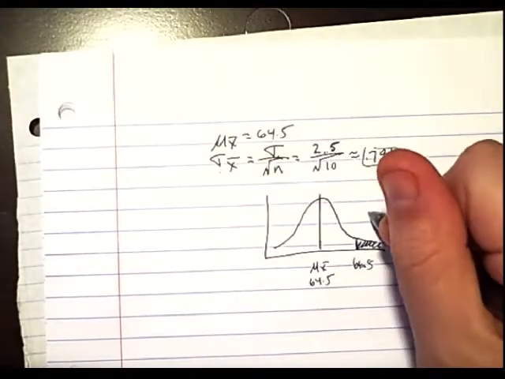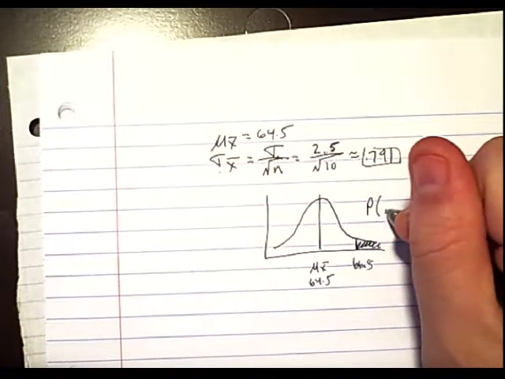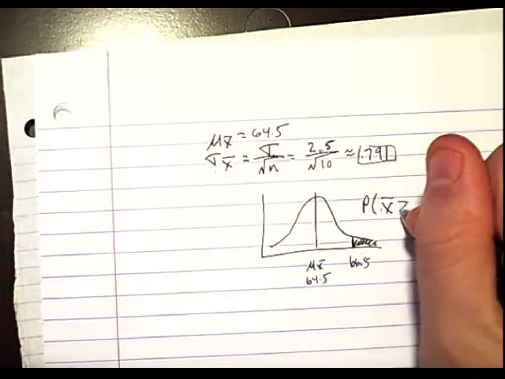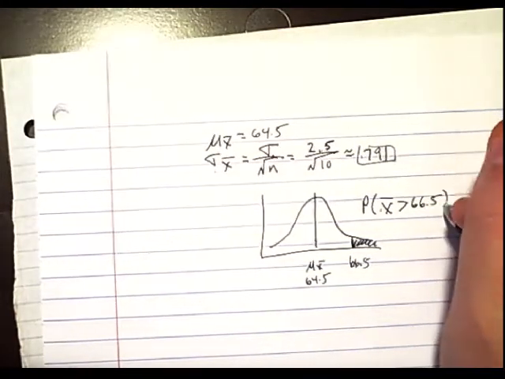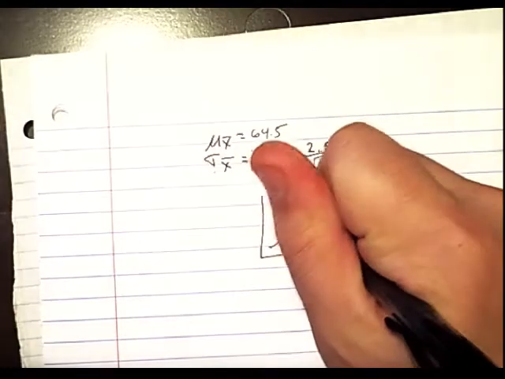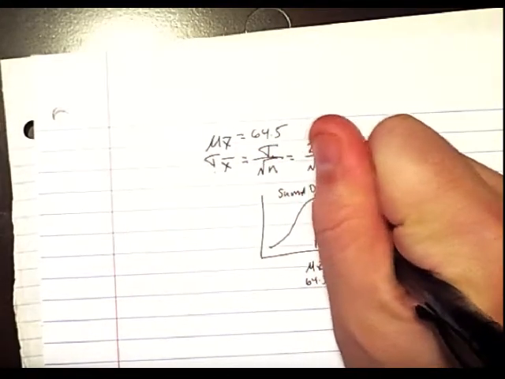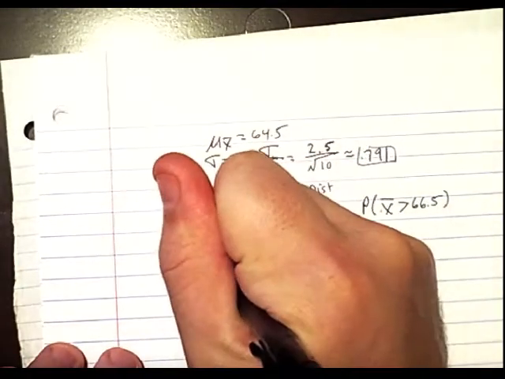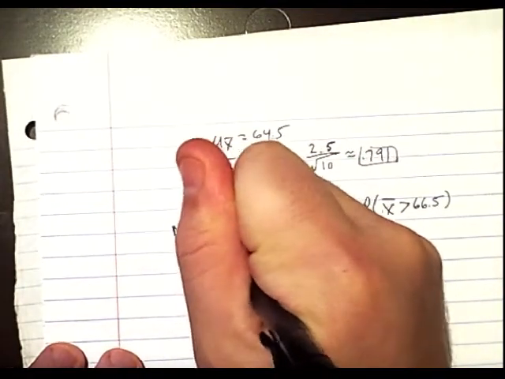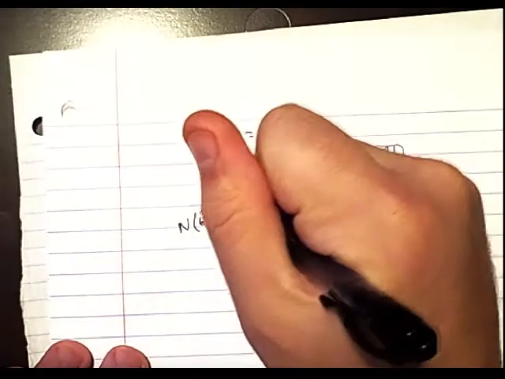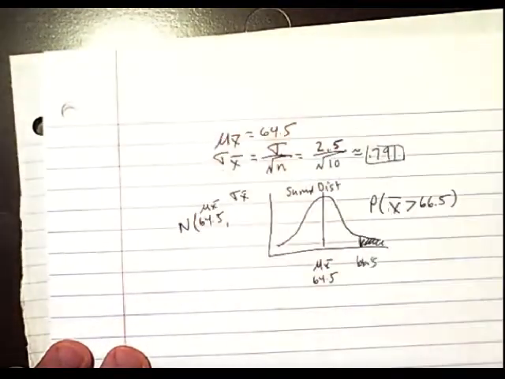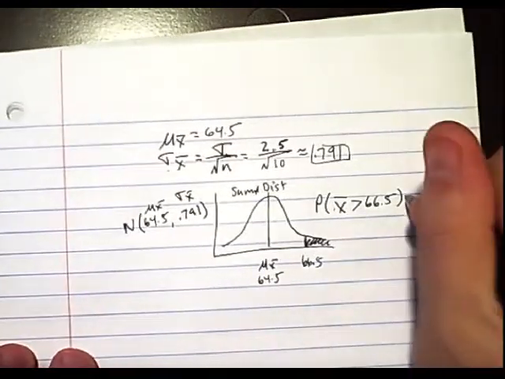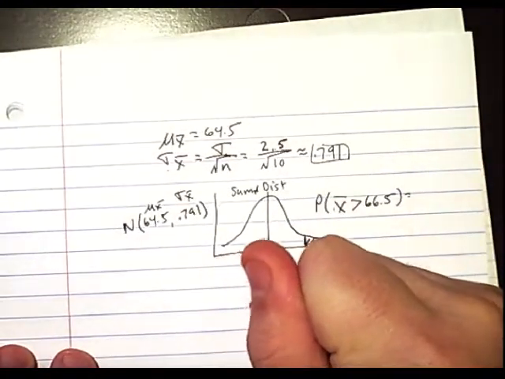So how do I find this? I need to find the probability that an X bar, now it's not just X, it's an X bar, is greater than 66.5. So this sampling distribution is normal, with a mean of 64.5 and a standard error of 0.791, and we can do that in our calculator by using Normalcdf.